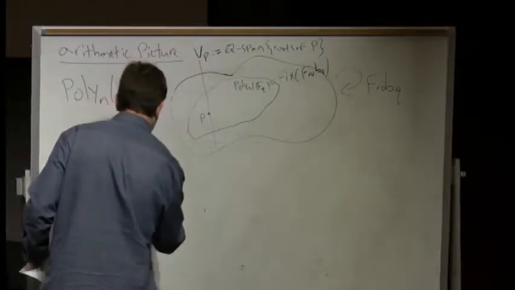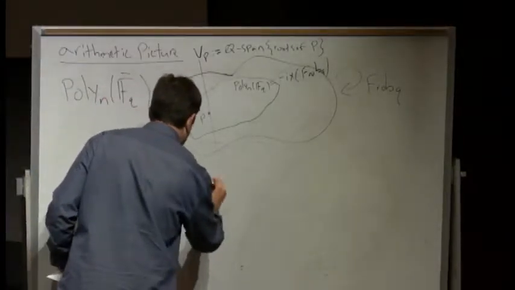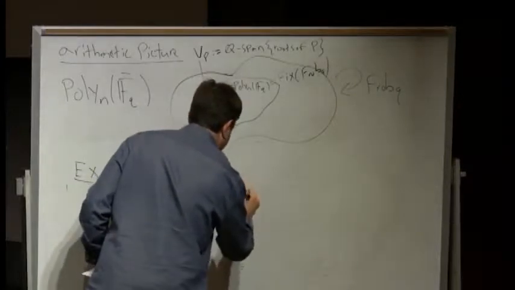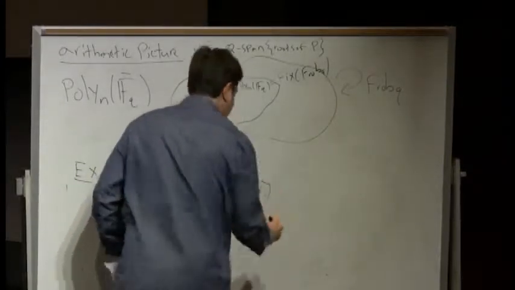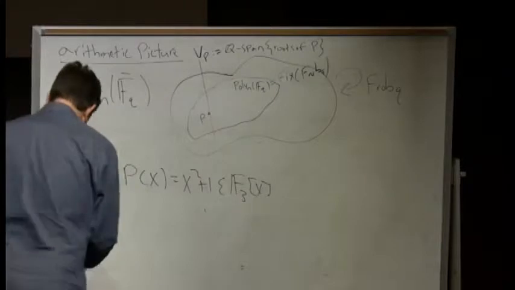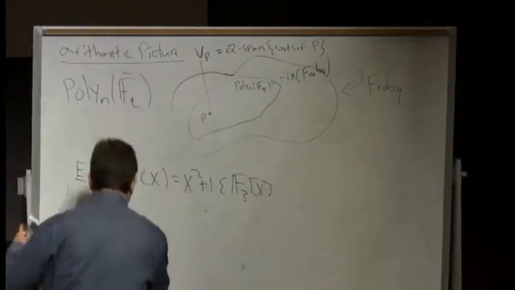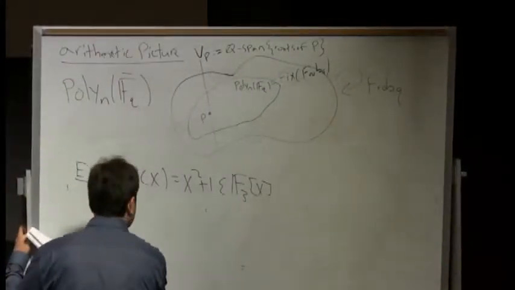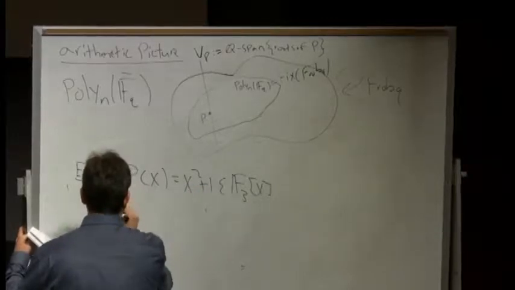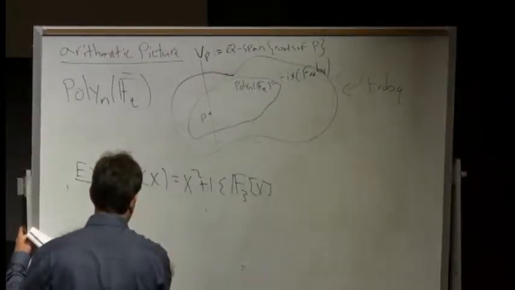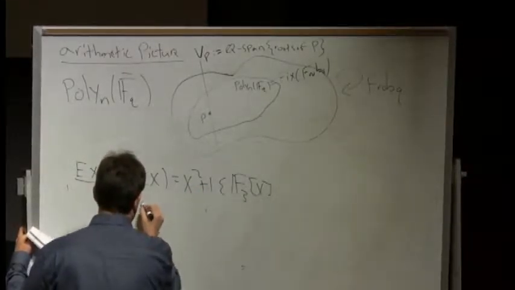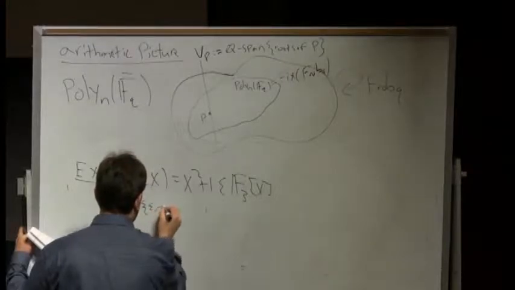Let's consider p of x is x squared plus 1, and let's think about it in F3 of x. And like I said before, you have F3. That doesn't have any solutions. So in F3 squared, the roots are epsilon and minus epsilon.